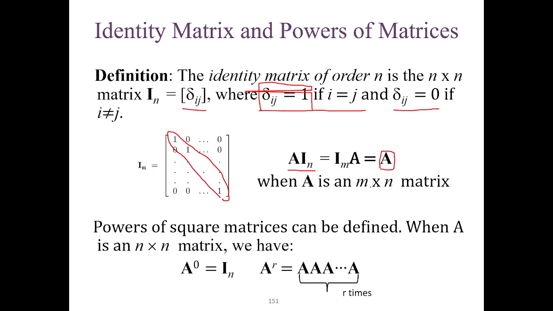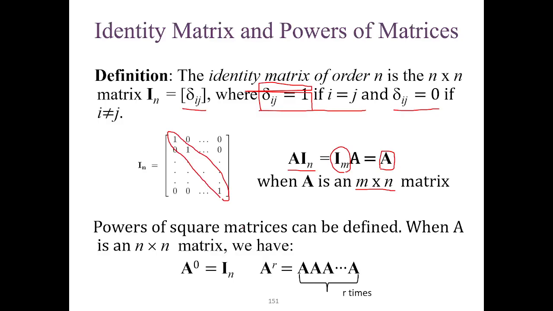So if it's n by n, you can multiply by the identity matrix In, and you can also multiply the identity matrix on the left-hand side of A. So this is an n by n matrix, you multiply n by n, so that makes it an n by n matrix.